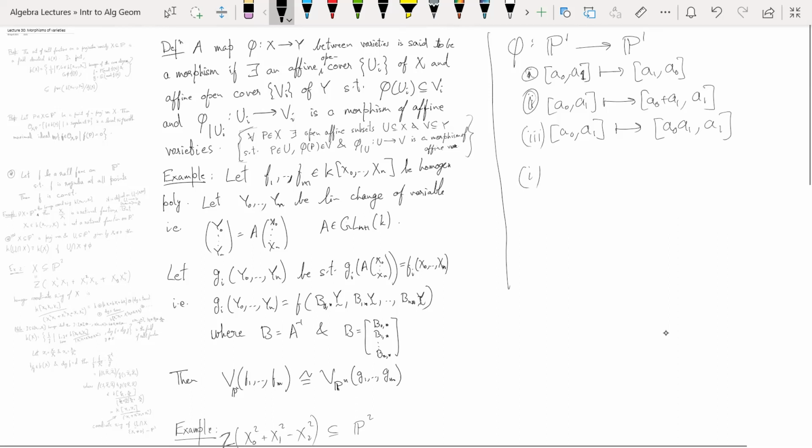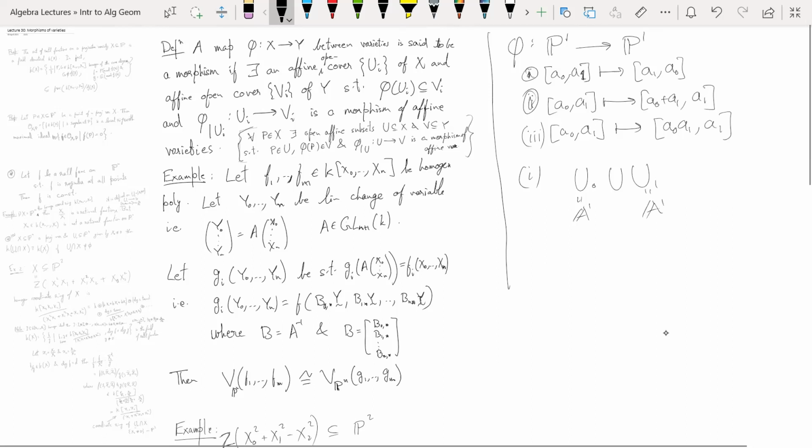For the first one, if we just change (A0, A1) to (A1, A0), is this a morphism of varieties in this sense? Of course we have this P1. We can think of it as U0 union U1, where U0 is x0 not equal to 0 and U1 is x1 not equal to 0. These are affine open subsets of P1, both isomorphic to A1.